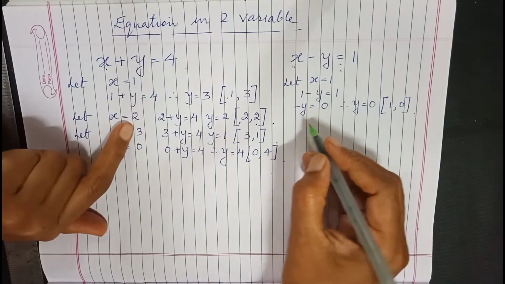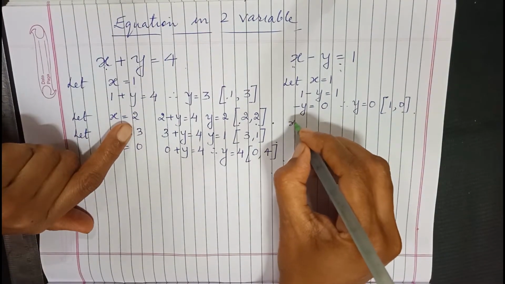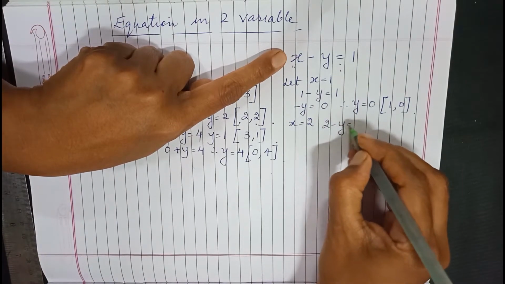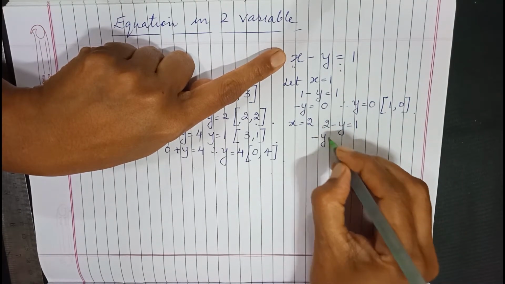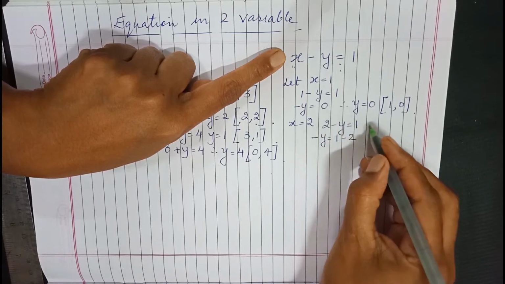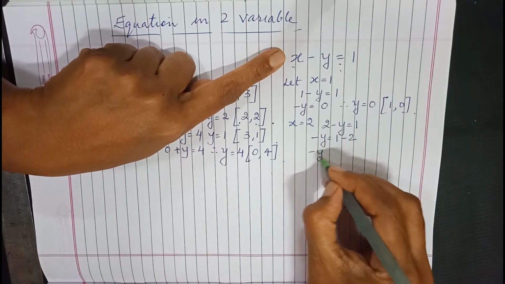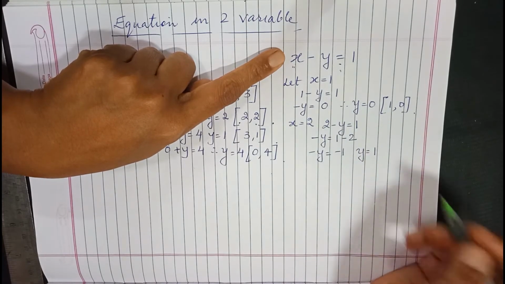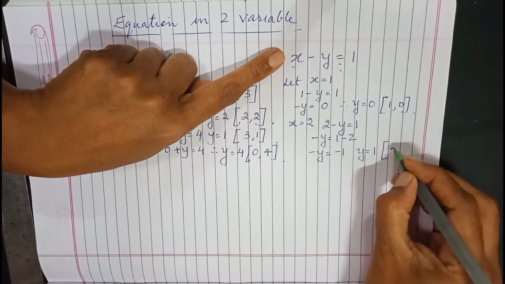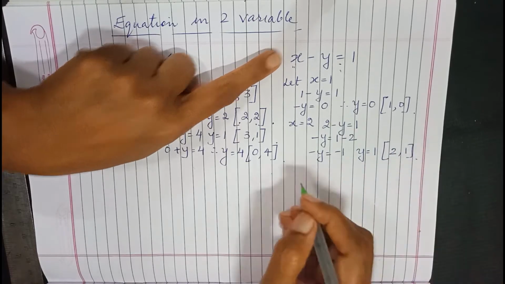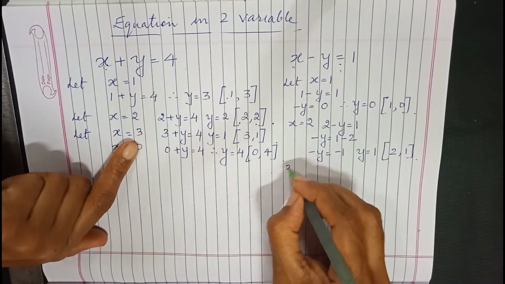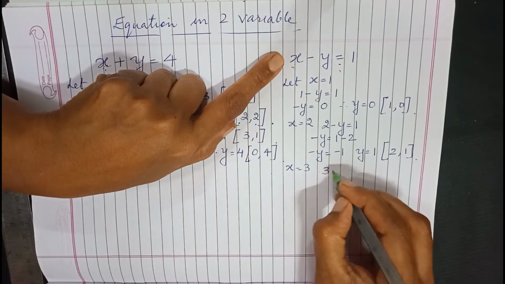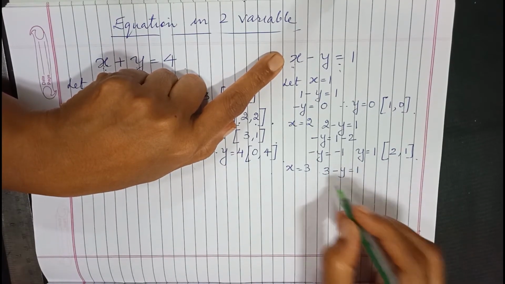Now let us take the second example, x is equal to 2. When I substitute here, what I get is 2 minus y is equal to 1, and minus y is equal to 1 minus 2, taking 2 to that side. So what I get is minus y is equal to minus 1, or in other words y is equal to 1. So I get the next solution, that is 2 comma 1. Let us take the third one, that is x is equal to 3. Let's substitute here. What we get is 3 minus y is equal to 1.